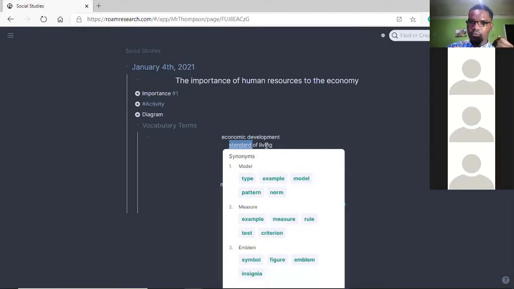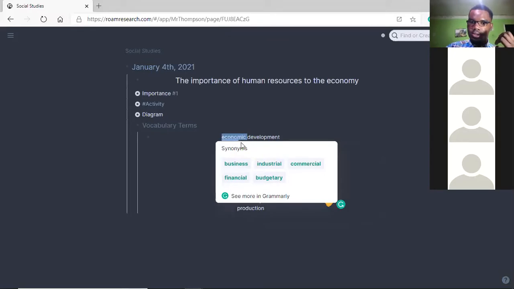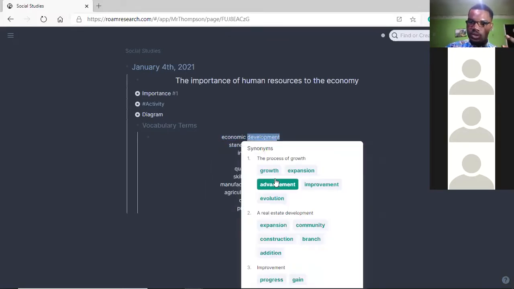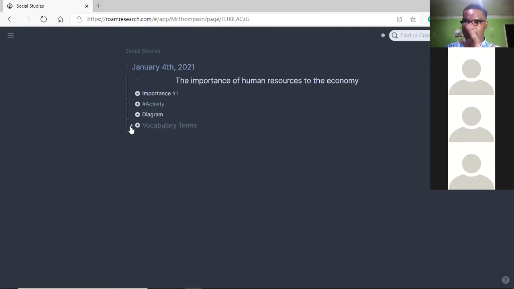Model of maintenance. So how do you maintain your life? You use a specific model, right? And the final one, economic development, business growth, right? The growth of the economy is business. Everybody understand? So those are the vocabulary terms on a broad scale. Okay, good. So let's move on now. Any questions? Feel free to ask me before I move on.